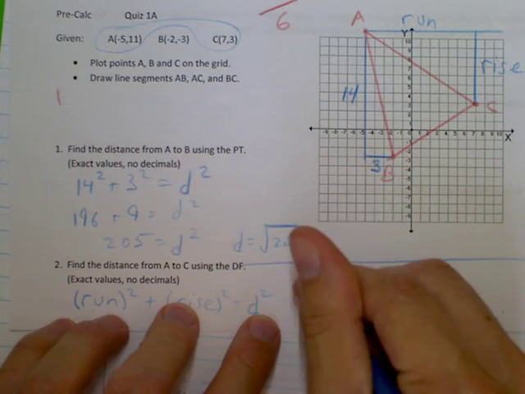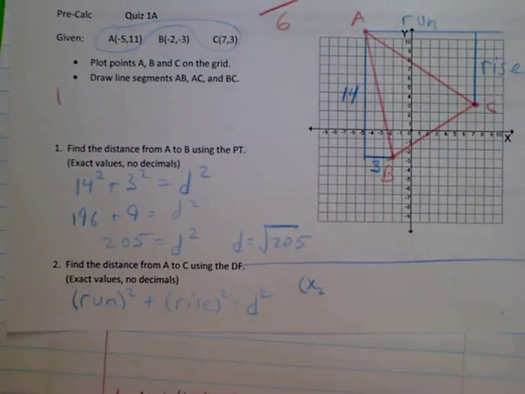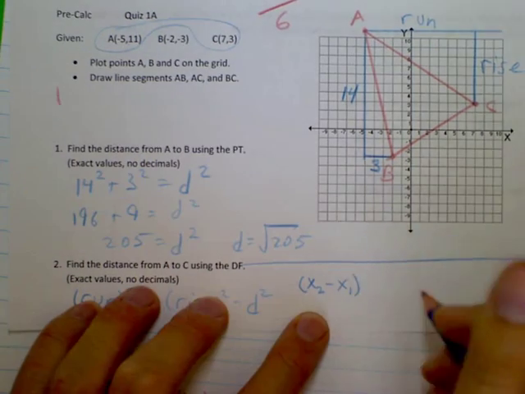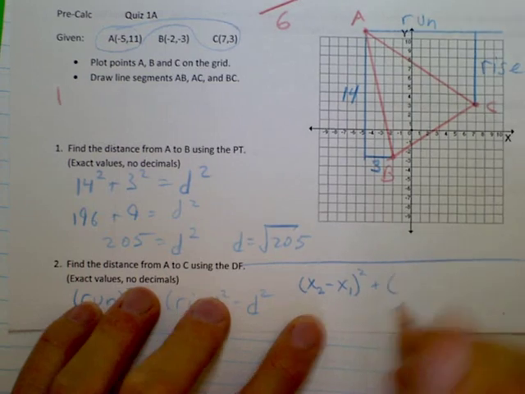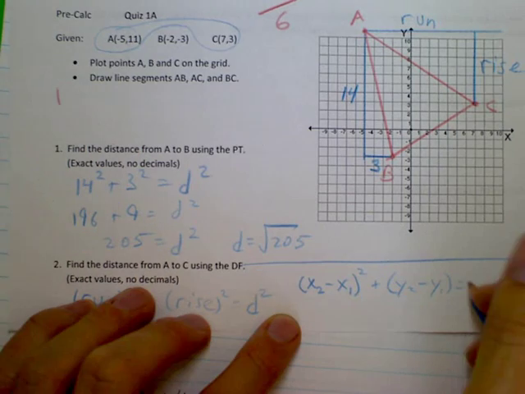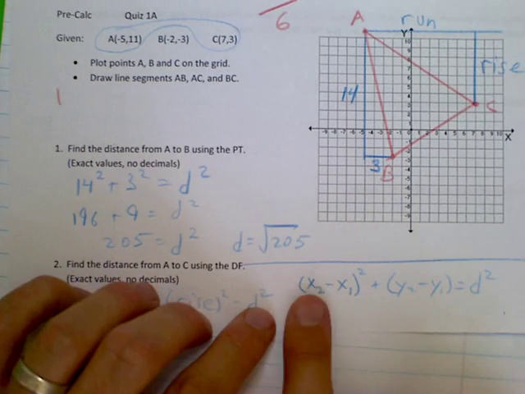Okay. So to find the run, remember that's the difference in the x values. How do I find the difference between two numbers? And then the rise is the difference in the y values. So we subtract again. Now all we have to do is try and plug in the right numbers.